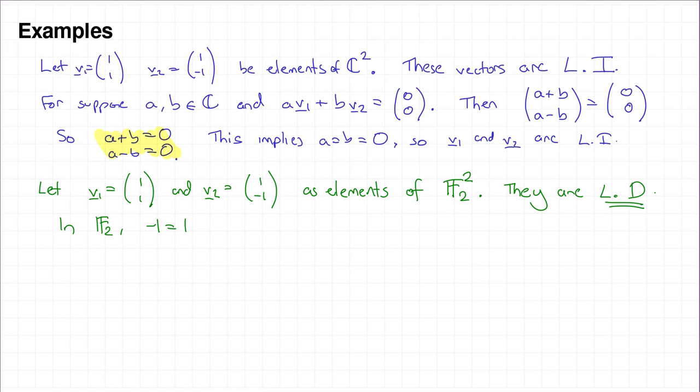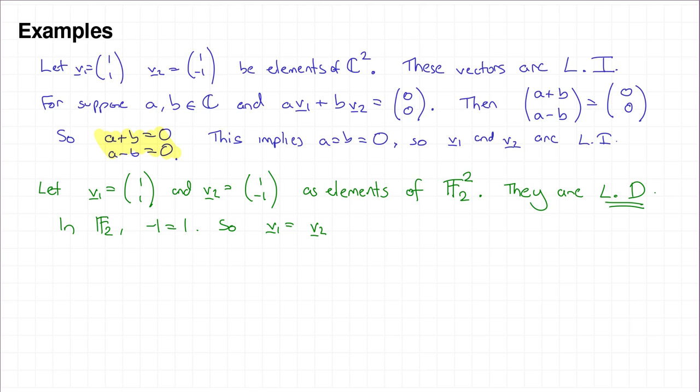And you'll remember the definition of the field with p elements, Fp, was that the elements looked like integers, except we regarded 2 integers as being equal if and only if they differed by a multiple of the prime p. Here we're talking about F2, so minus 1 is equal to 1 because minus 1 differs from 1 by a multiple of 2. So in fact, in our vector space, v1 equals v2.